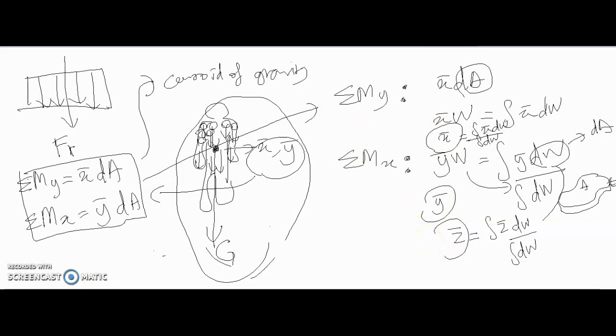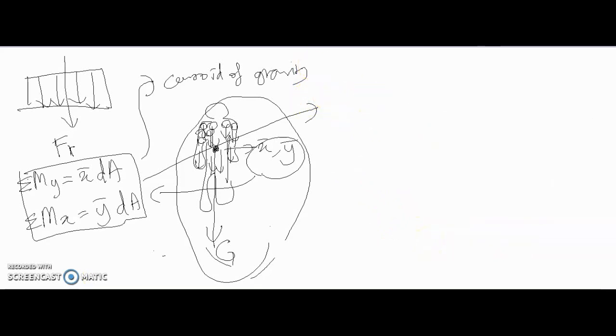There are some simple geometric objects for which you can find the center of gravity easily. Let's say a rectangle. The resultant force of the gravity is simply the area. Let's say the width is b and the length is h.